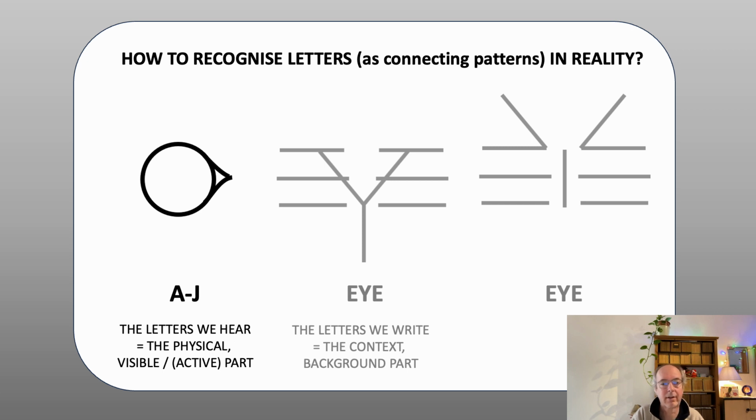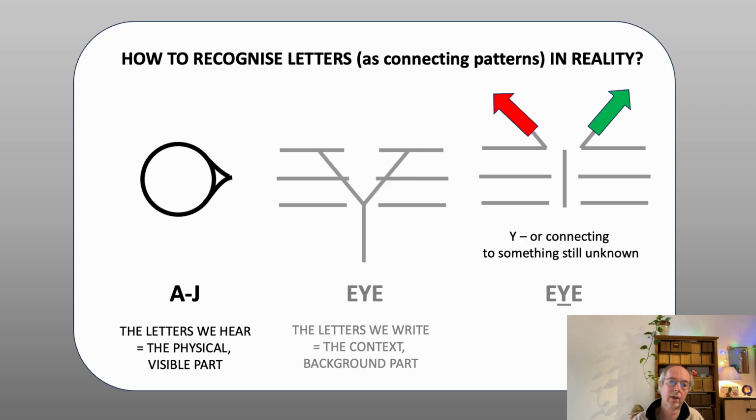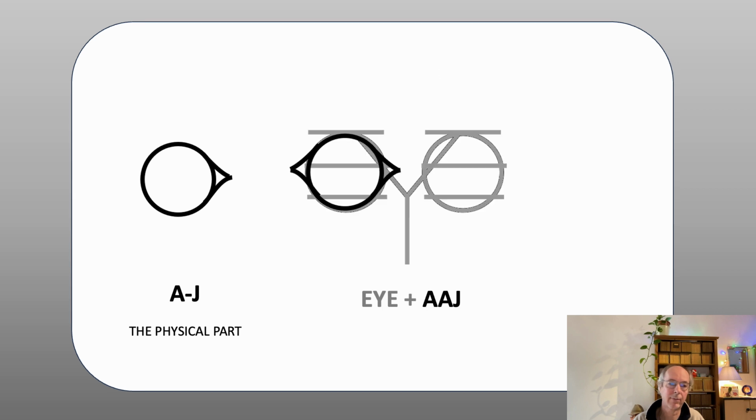As letters, we have the E, the Y and the A, is the background part, as I said, and the Y has a certain way of connecting. This connecting can be to a similar thing, or it can connect to an unknown thing, and I will add both in them as an E plus Y plus E, as you can see it over here.